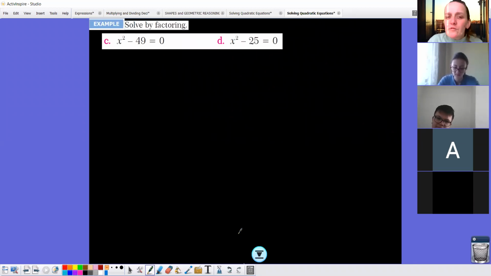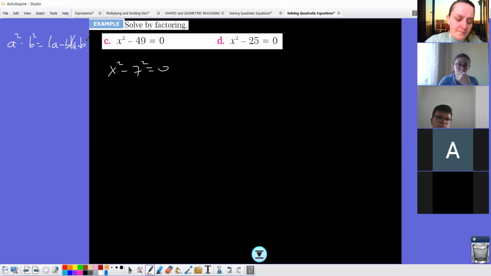Here it says solve by factoring. We know this one, that we move 49 to the other side, x squared to one side. But if it says solve by factoring, you need to factorize this one. And we know that x squared minus 49, where 49 is 7 squared, and we know the formula a squared minus b squared is a minus b times a plus b. Do you remember?